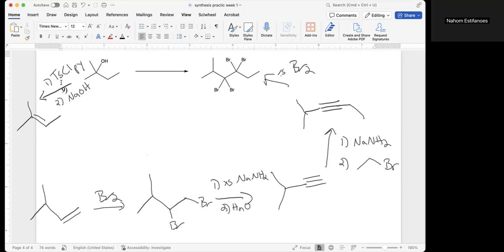But if we use NaOH, won't it give us the major product, the more substituted alkene? And this one seems to be on the less substituted part, trying to get a double bond on the less substituted part, right? We will have to move the double bond again after this step. Oh, I'm sorry. Yeah, I see what you're saying, Nahom.